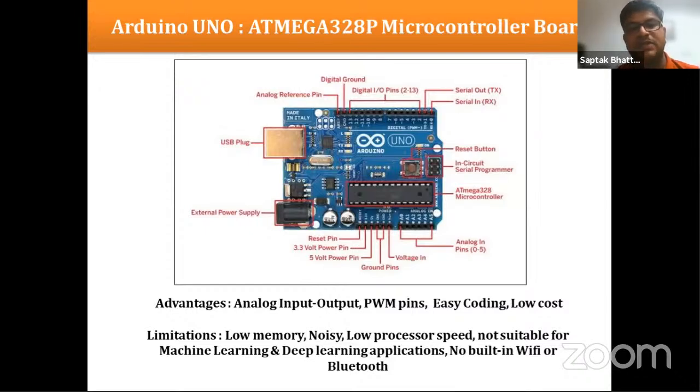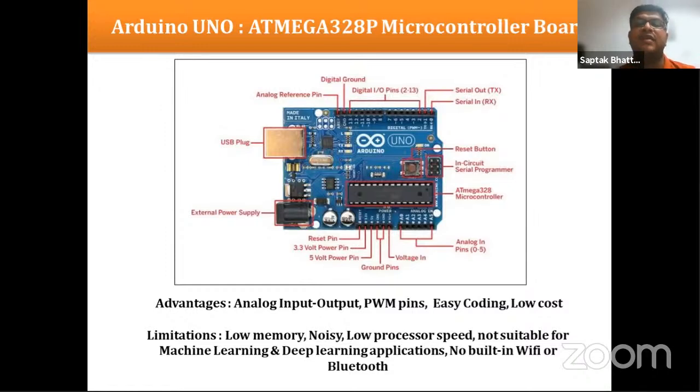In these analog ports, there are ADCs interfaced with the microcontroller, so we can take these ports as analog input. This A0 to A5 gives 6 analog inputs, and there are 14 digital input output pins.